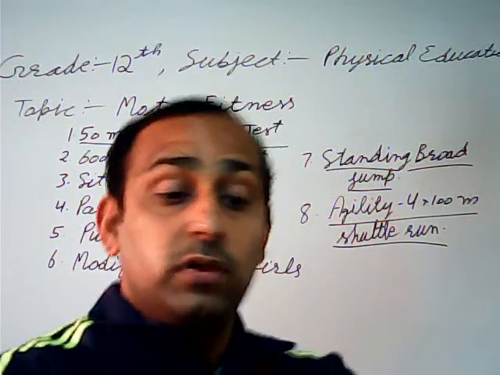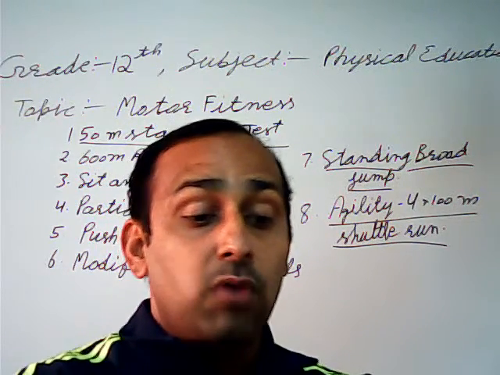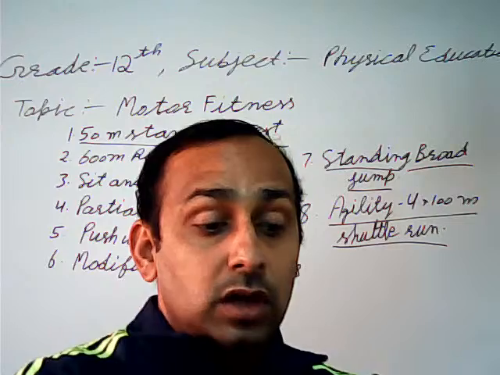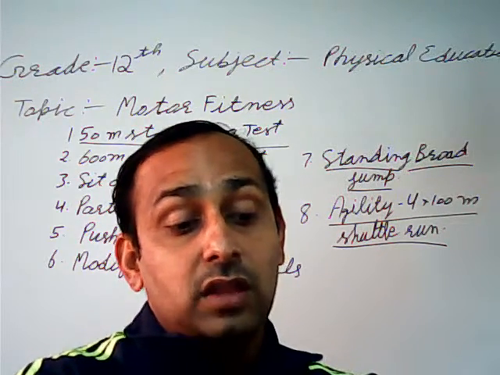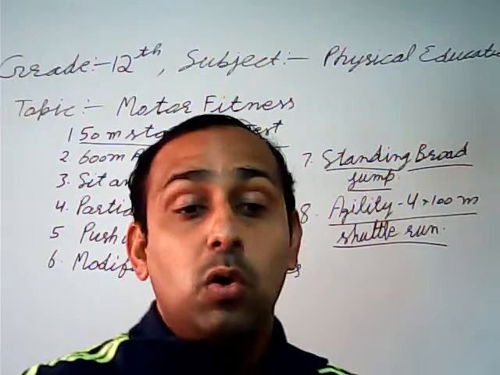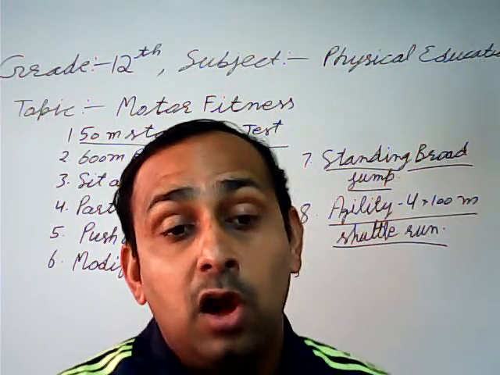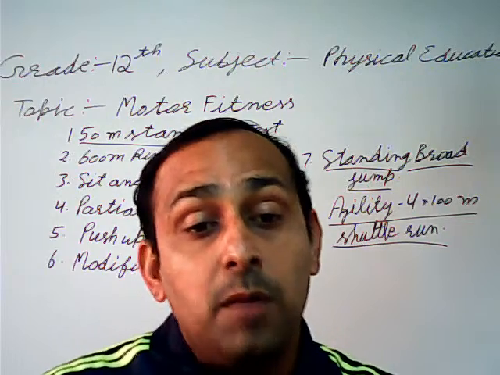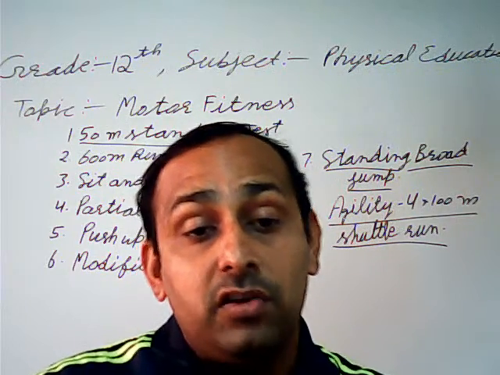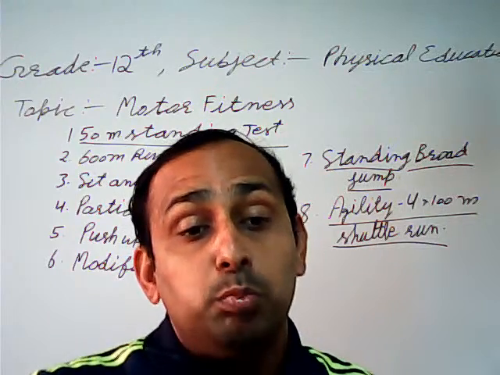Next, scoring for this test is to record the number of correctly performed curl-ups within the given time limit. Main rules: only one trial is permitted, and second, allow the subject to warm up prior to the trials. Okay. Next test is the push-ups.